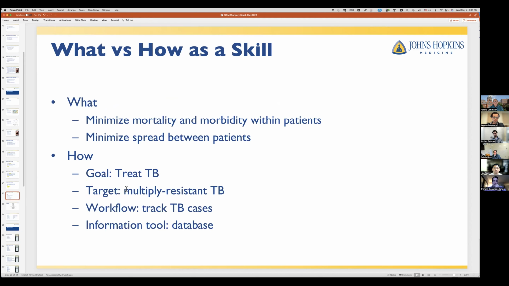So here's the what. I want to minimize mortality within patients due to TB. I want to minimize spread between patients. So it can take a while to take what the request came to and to realize what the goals, what the whats are. When I ask folks, this decision support tool, what's its purpose?